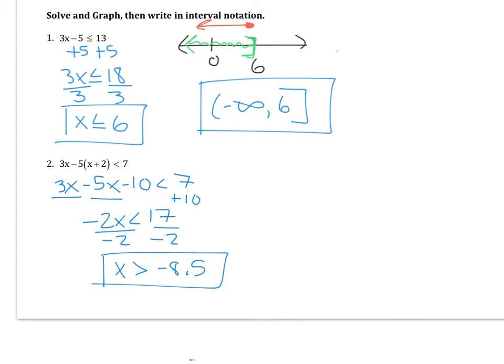Now I'll go ahead and put that on my number line. So here's negative 8.5, here's 0. Since it's just greater than, I'm going to use an open dot, which now means a parenthesis, and greater than means to the right. So a parenthesis, arrow to the right. In interval notation, this would be negative 8.5 to infinity.